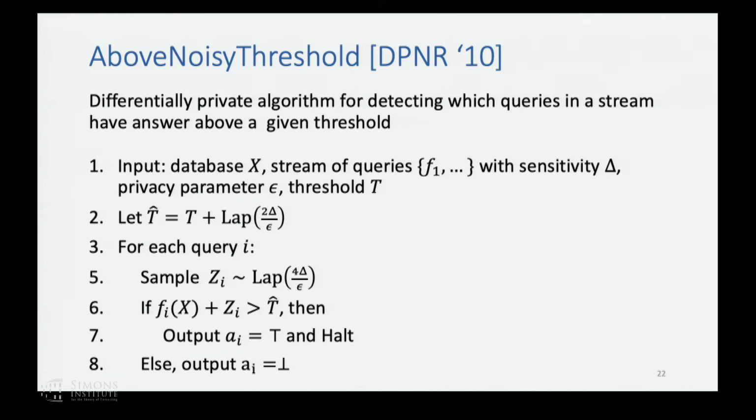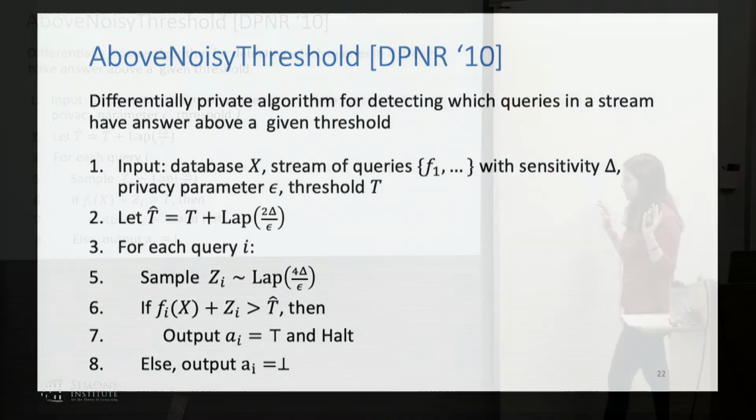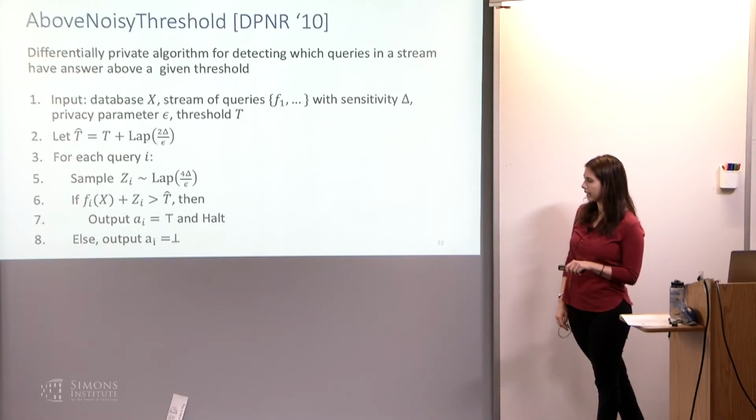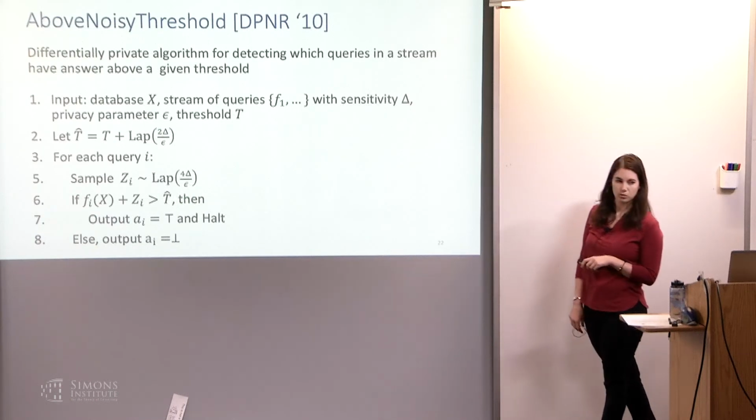Then I'm going to say it was time i, and halt. And if not, then we're going to say at time i I saw no change, and then we'll continue in this loop. And so effectively, it just tells you the first time at which the noisy answer of this query was above a noisy version of our threshold.